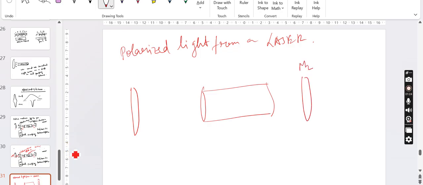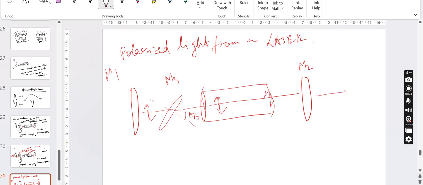We'll place M3 at the Brewster angle. This has to be the Brewster angle.